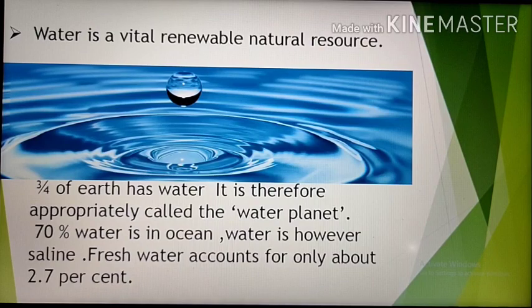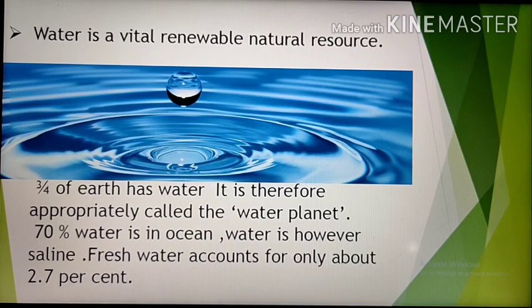It was in the primitive oceans that life began almost 3.5 billion years back. Even today, the oceans cover 2/3 of the earth's surface and support a rich variety of plant and animal life. The ocean water is, however, saline and not fit for human consumption.